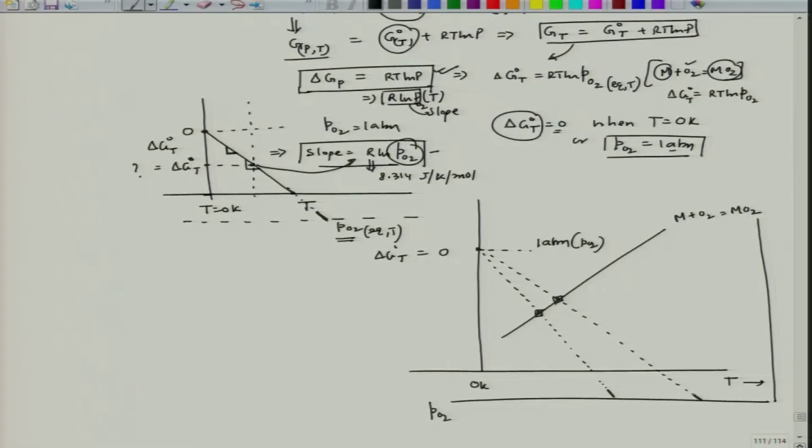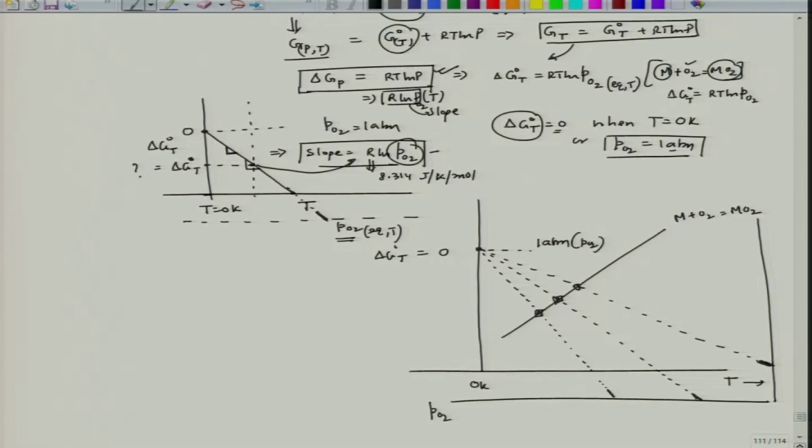Then I see that this will be the PO2 at this temperature. Similarly, if I try to find out at this temperature, then this will be the point. This is the line which will direct towards this 0 point at 0 Kelvin.